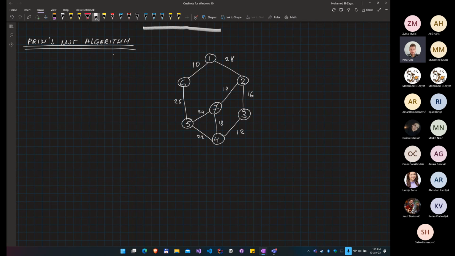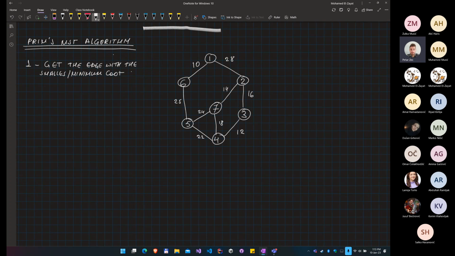So what Prim says, first of all, get the edge with the smallest or minimum cost.